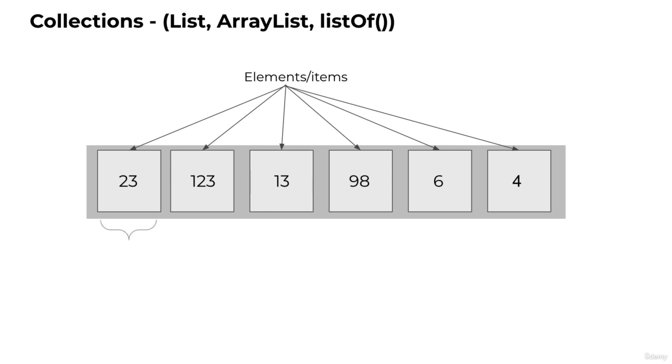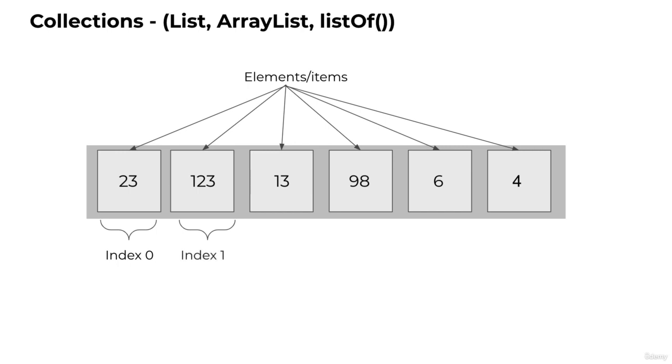And the great thing about having a collection of some sort is that each seat, if I may call it, each slot, if you will, is called an index. So an index is the slot where the element sits in memory. So the first index starts at 0. So that would be index 0. If I say, what do we have in index 0? We will have 23.